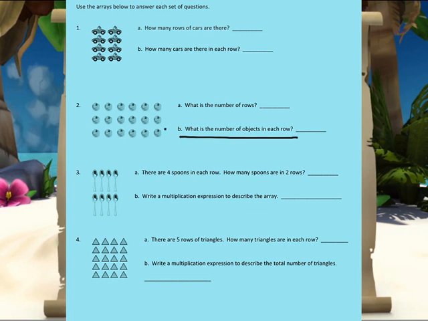So each row means 1 row. Let us count. 1, 2, 3, 4, 5, 6. 6 objects in 1 row. That means 6 objects in each row. So the answer will be 6.